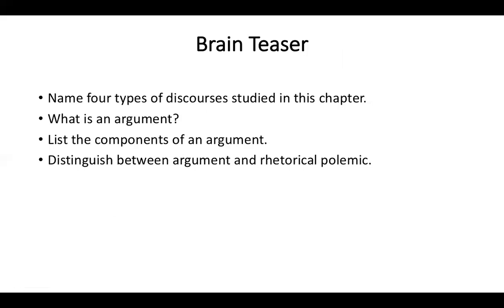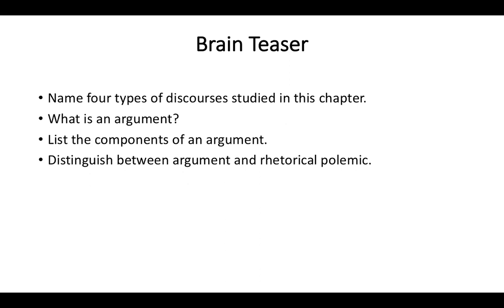Name 4 types of discourses. So we have narrative, instructional passage, argument, and rhetorical polemic. What is an argument? An argument is a passage containing a claim, a conclusion or decision supported by expressions that aim to support the conclusion with reasons or information.